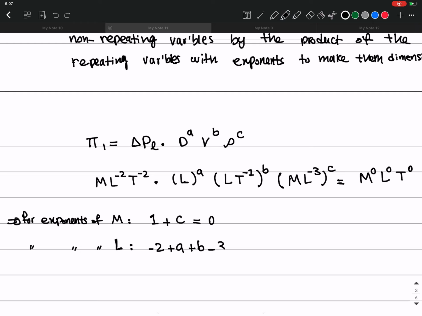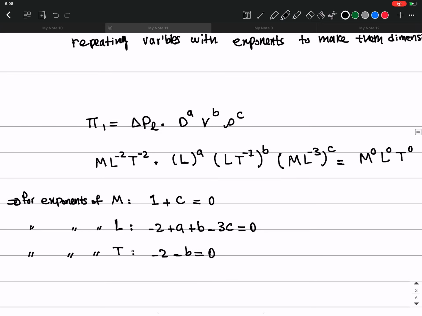So minus 3c equals 0. And finally, for the exponents of t, or time, we have minus 2 minus b equals 0. Okay?